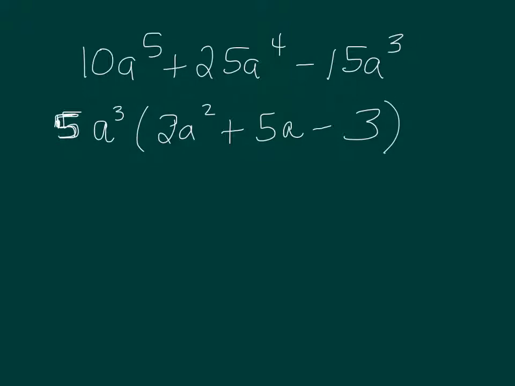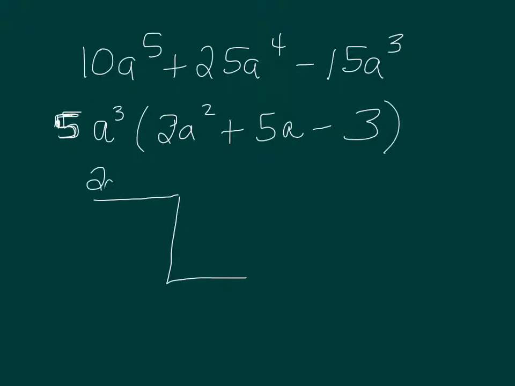So now what I need to do is check my expression inside parentheses to see if that's factorable. Well, this is going to be z-boxing because I've got a trinomial and I have a number in front of a squared. So I'm going to try the z-box here.